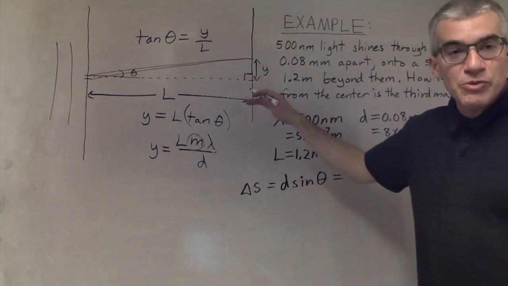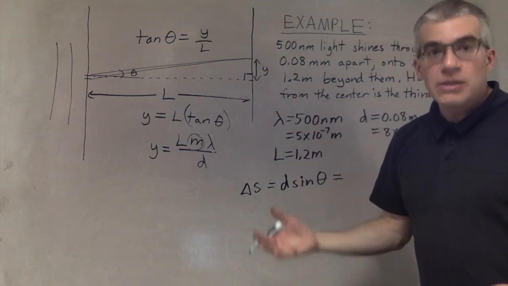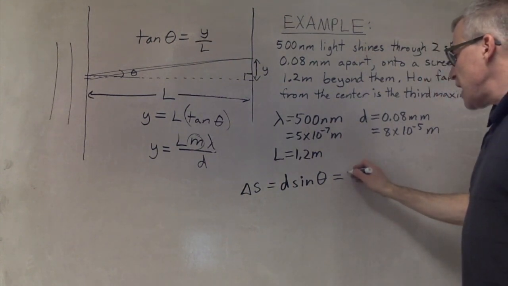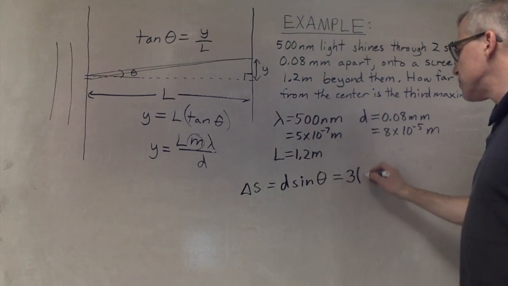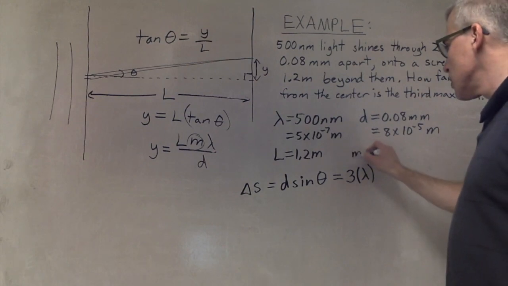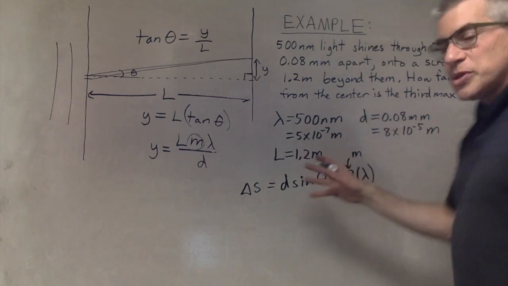The center maximum is 0. So 1, 2, 3 maxima above that is the third order maximum. So we're going to say m is 3, and the wavelength lambda is 500 nanometers. So if we put this in, we can find theta.